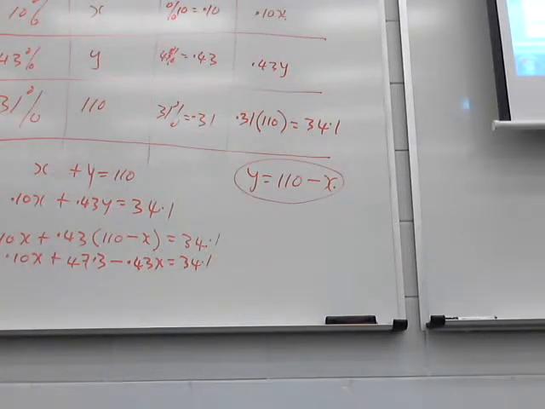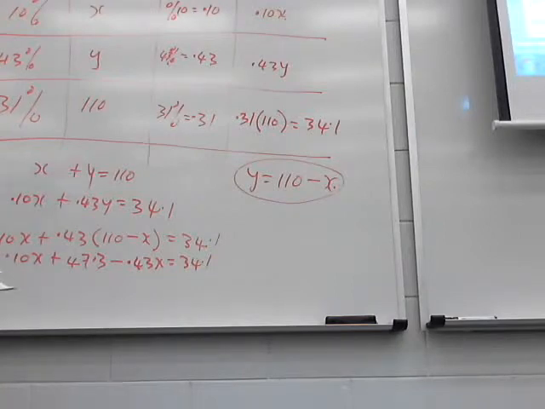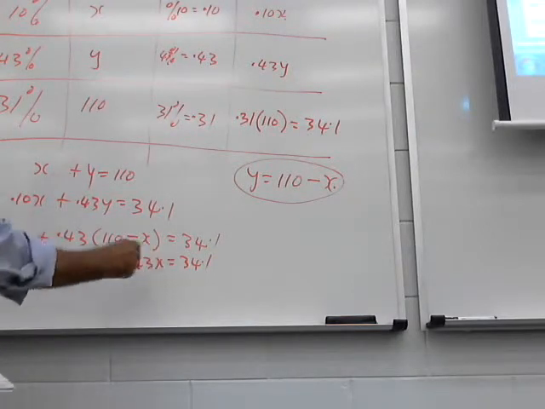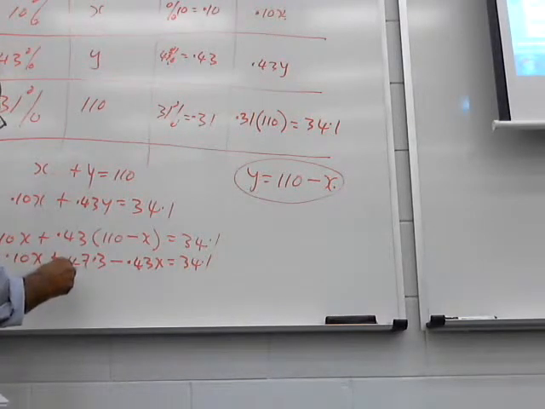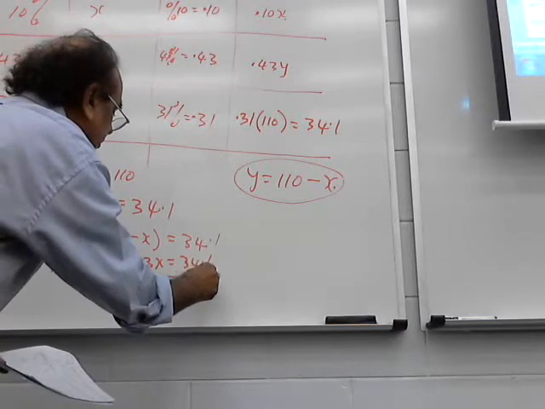Now what we can do is subtract this 47.3 from both sides. It means we're getting rid of the numerical part over here. We'll just keep all our x's over here. So we subtract this from both sides: minus 47.3, minus 47.3.